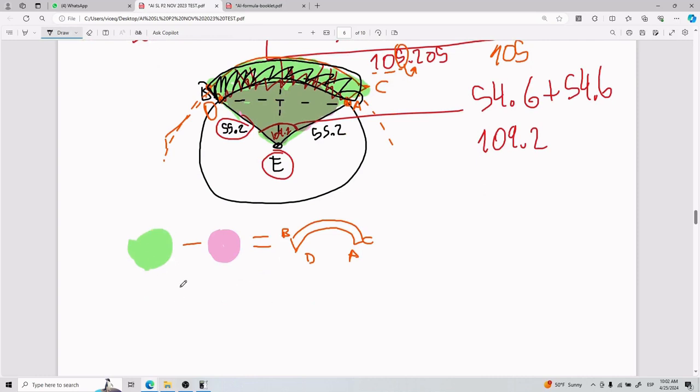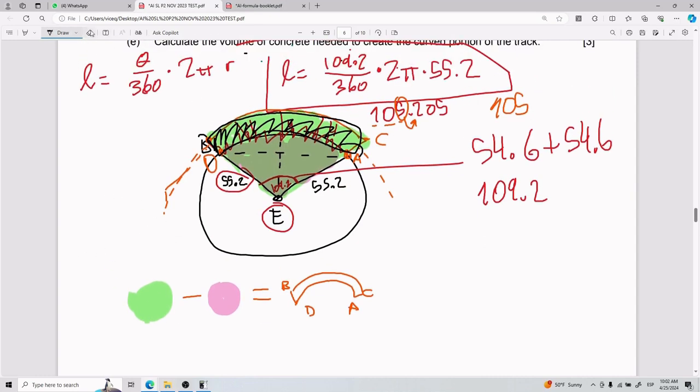So for the big sector in green, they tell you that all along it, you have a length of 4. So here, you have a length of 4, including at the very edge. So technically, this distance here, which is the radius of the bigger one, is going to be 55.2 plus 4.